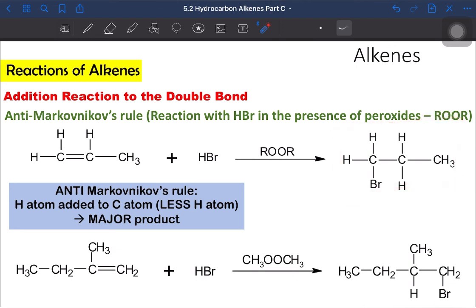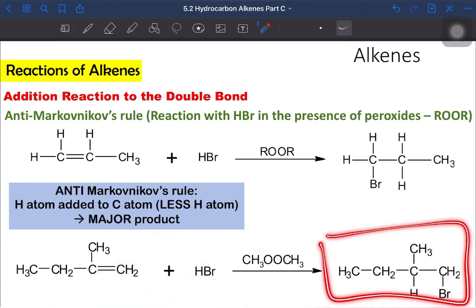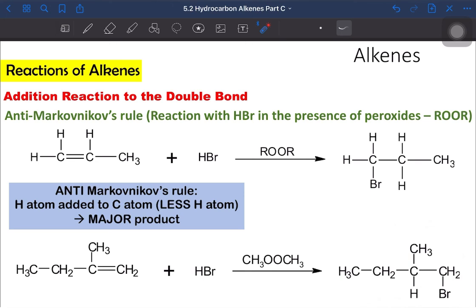Alright, and then for this one too, we have this acid peroxide. So this hydrogen will be bonded to this carbon here, and the bromine will be bonded to this carbon, so it will form this haloalkane that follows anti-Markovnikov's rule, because of the presence of peroxide.